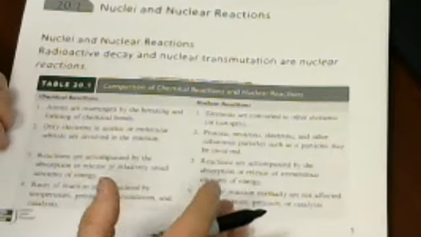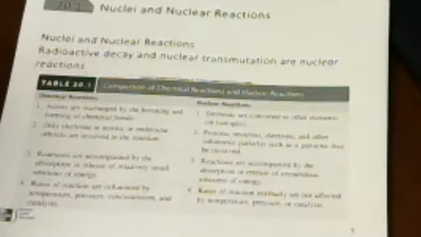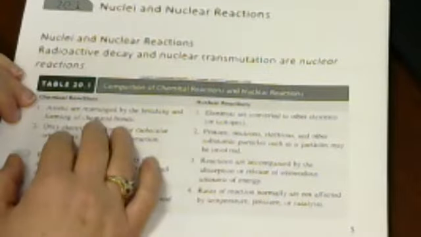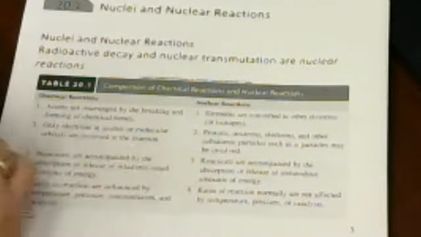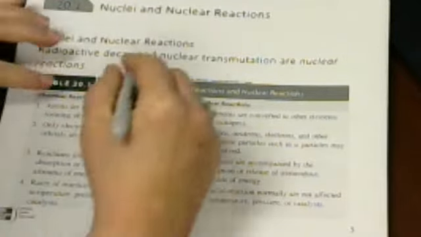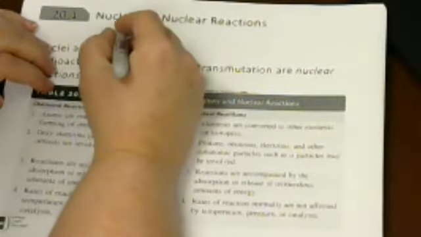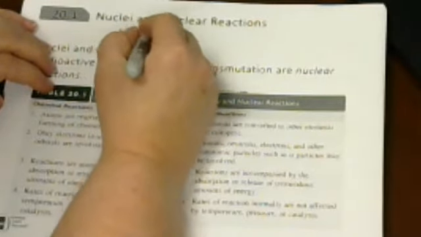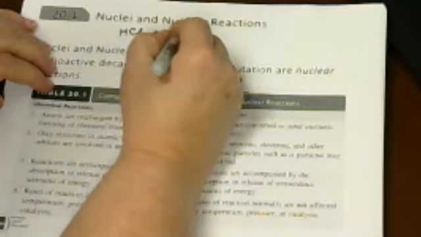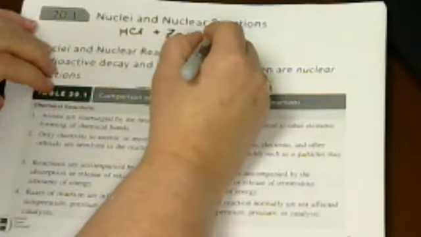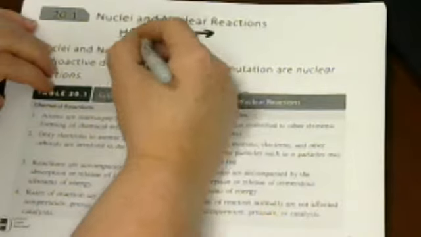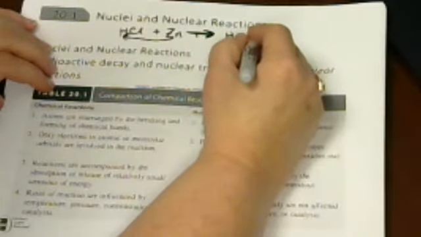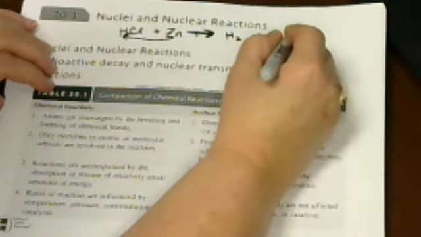Some of the highlights are that in chemical reactions, atoms get rearranged. For example, one of the reactions we talked about was a single replacement. You did this in one of your labs. You had some zinc, and the zinc took the place and kicked the hydrogen out and gave you hydrogen gas plus zinc chloride.